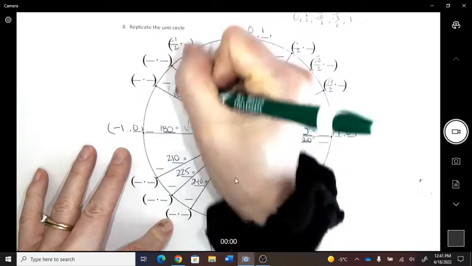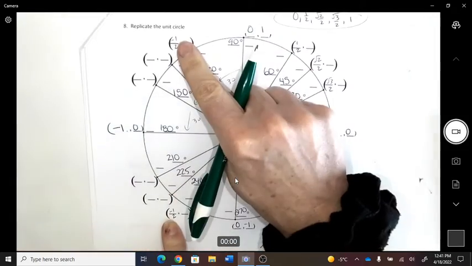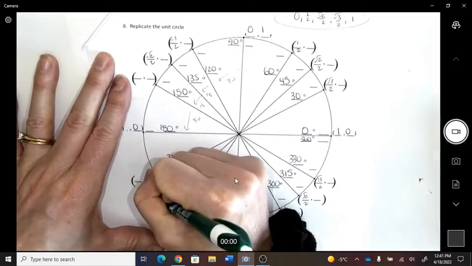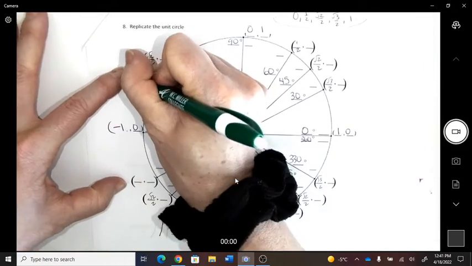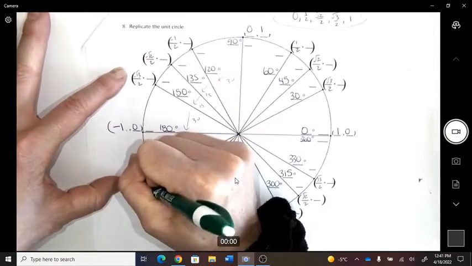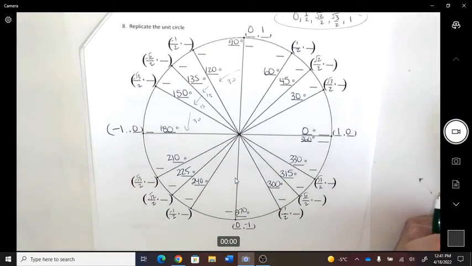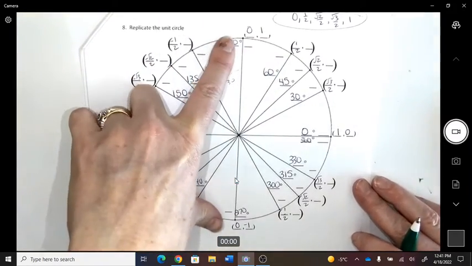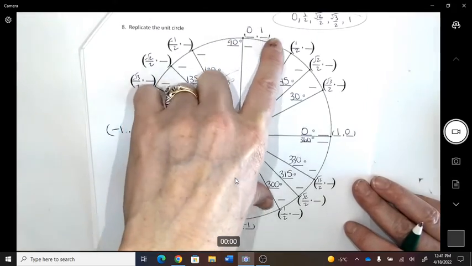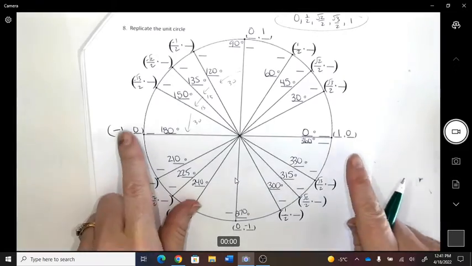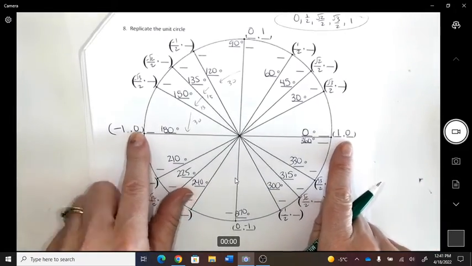So negative a half. Negative root 2 over 2. Negative root 3 over 2. Negative 1. Okay, so that's how I grade it. I put my fingers on your page when I'm grading, and I'm like boom, boom, boom, boom, boom. Did they put them all? Okay, then I reset here.